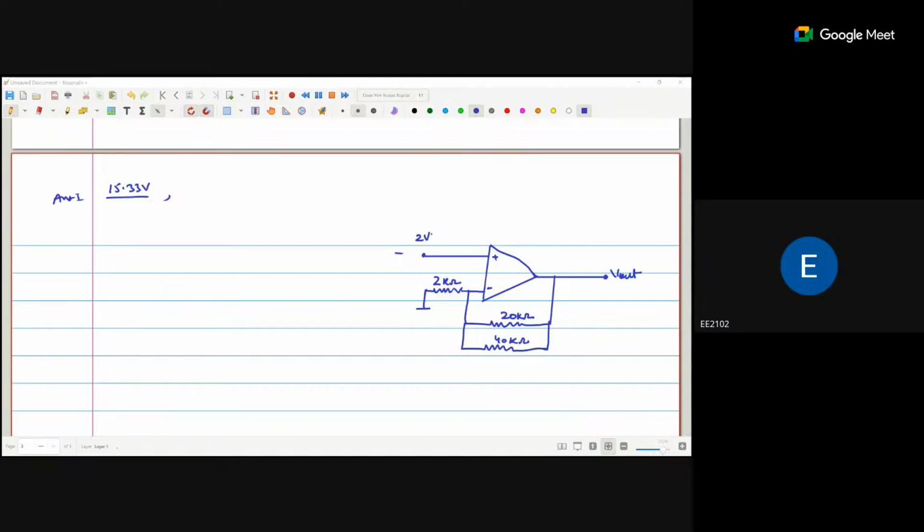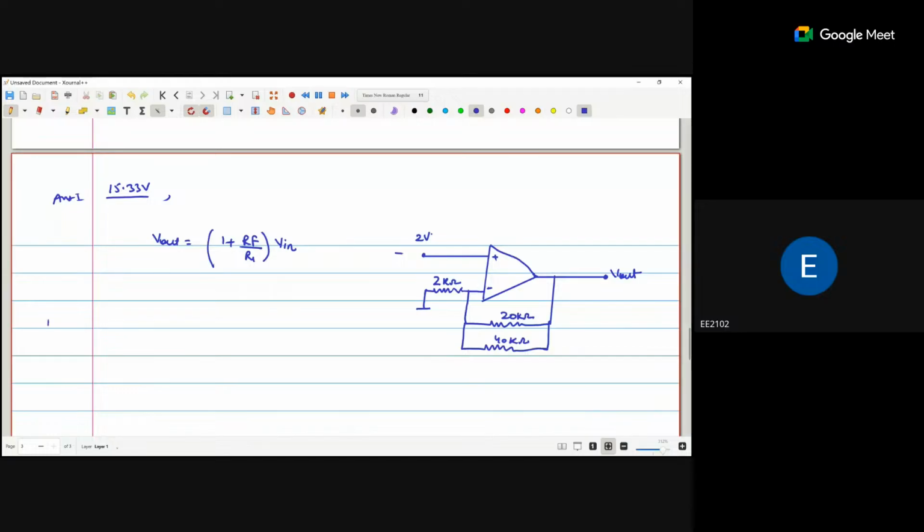Someone mentioned 15.3. Okay. So basically, the question is very simple. We have to take the formula V out is equal to 1 plus RF by R1 times V in.